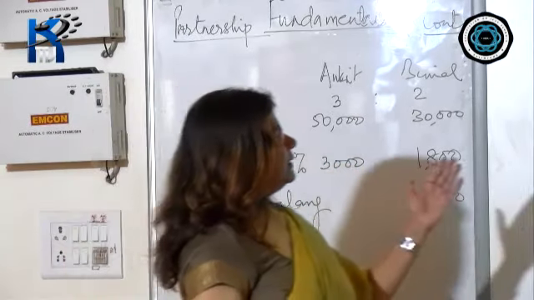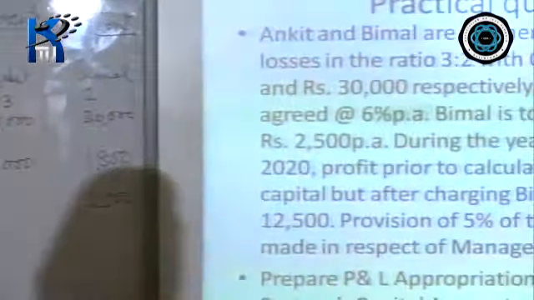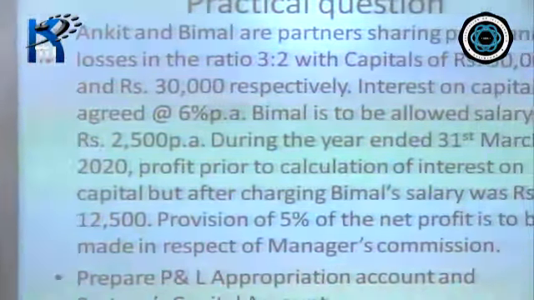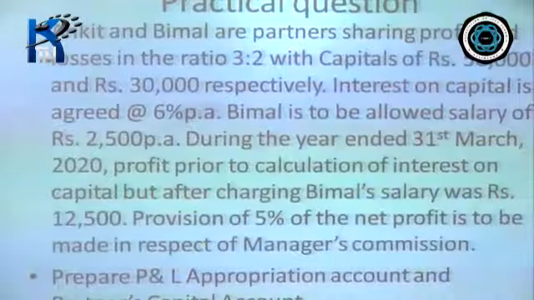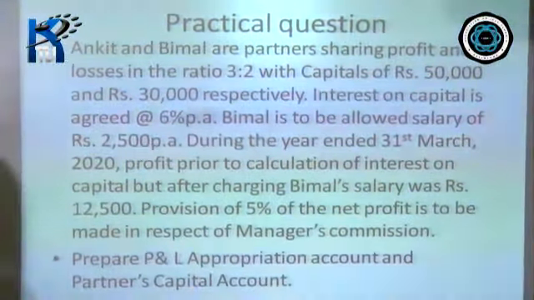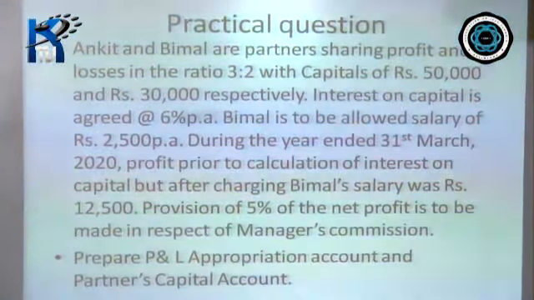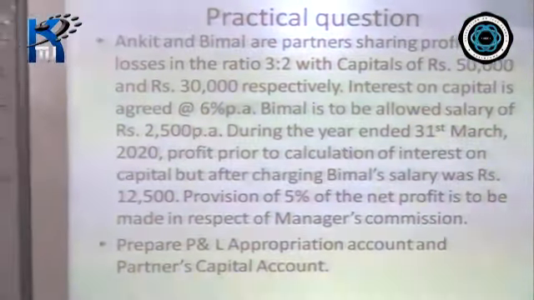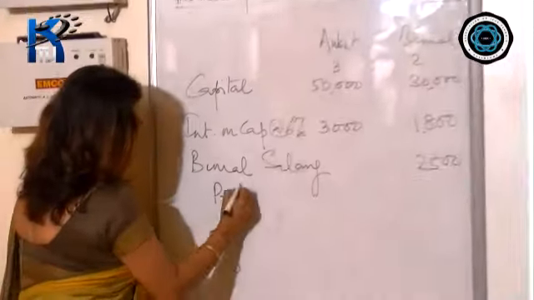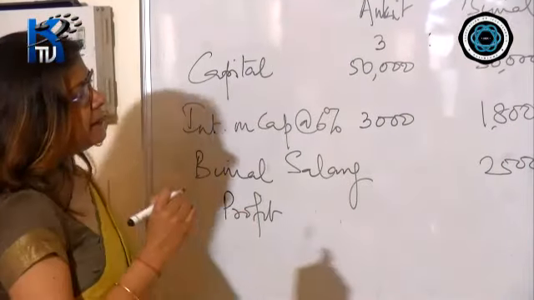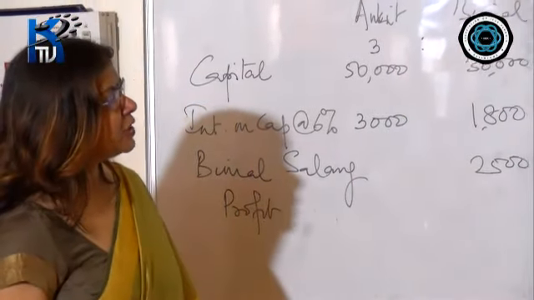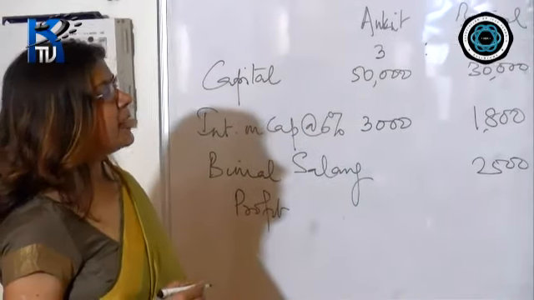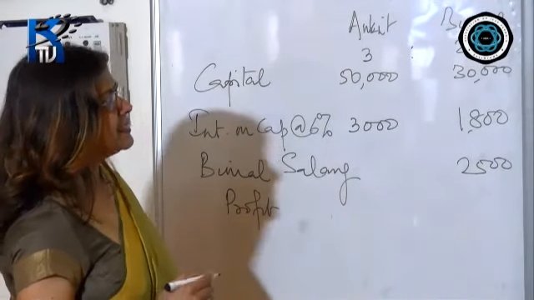Next they say, during the year ended 31st March, profit prior to the calculation of interest on capital, but after charging Bimal's salary was 12,500. Now profit has been given to you, but that profit is before charging interest on capital, but after charging Bimal's salary.